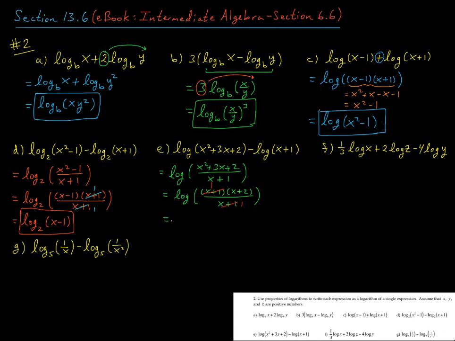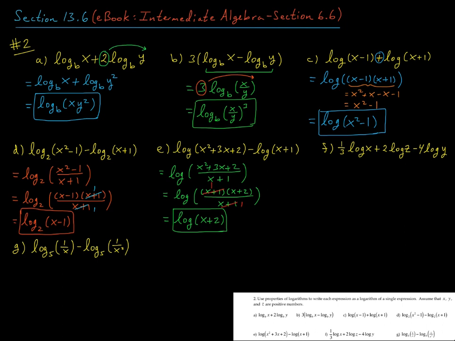So when all is said and done, this is equal to the log of x plus 2. All right, pretty nice. Part F, we have 1/3 log x plus 2 log z minus 4 log y.